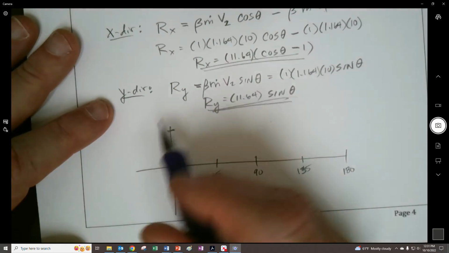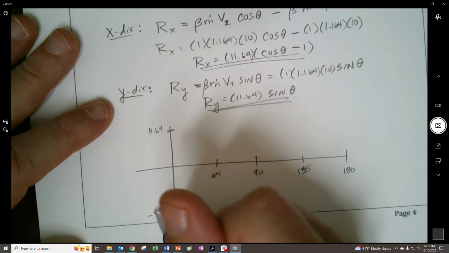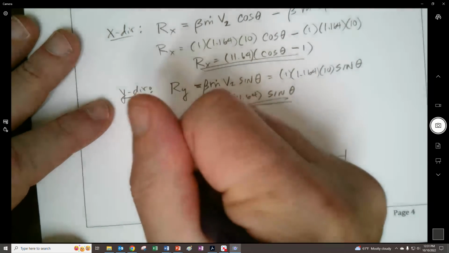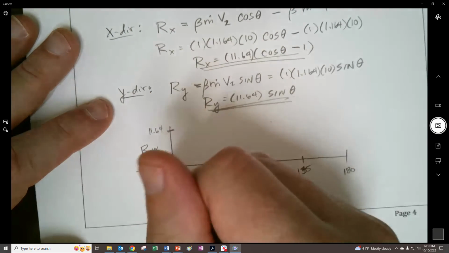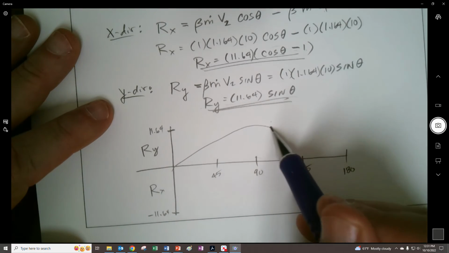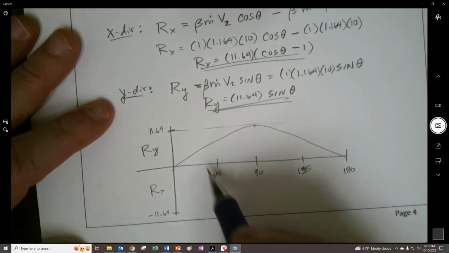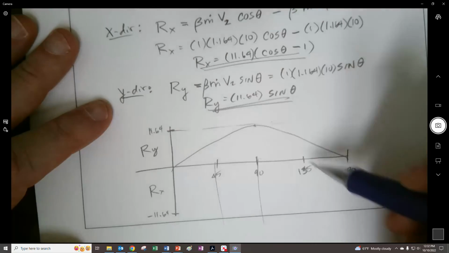And this is really coming up to 11.64, and it's going to be a negative 11.64. And so up here at the top we'll have Ry, here's going to be Rx, and we're going to see this is going to go up, right? And it's going to peak out right there.